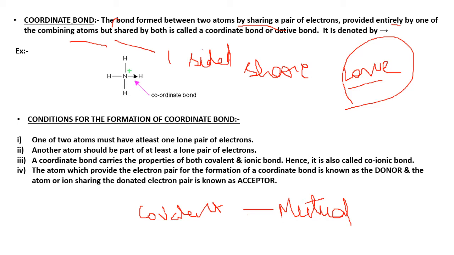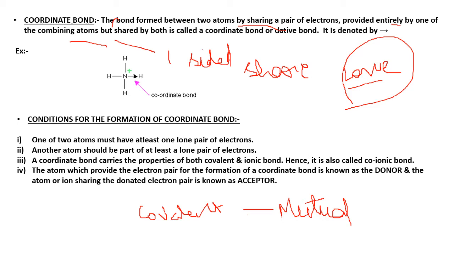It is not compulsory that all the valence electrons participate in chemical bonding, that all the electrons take part.